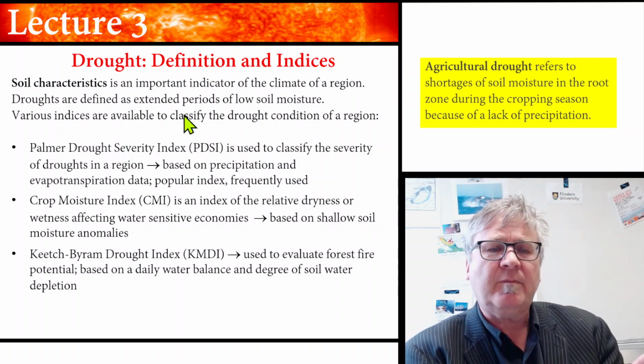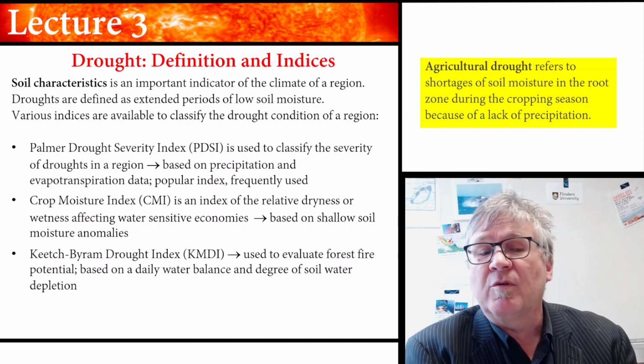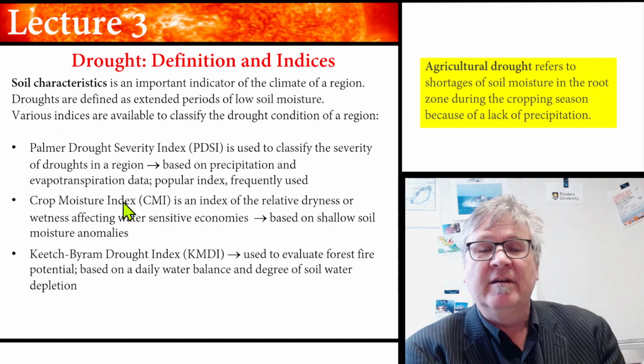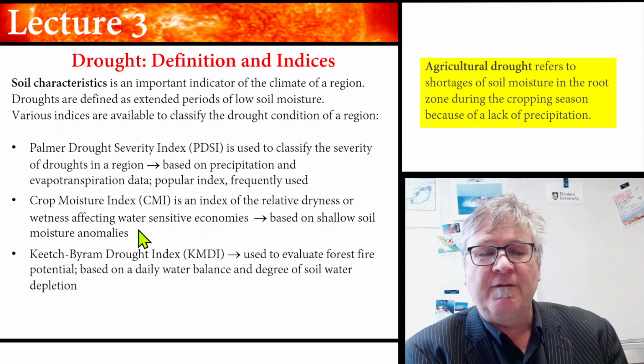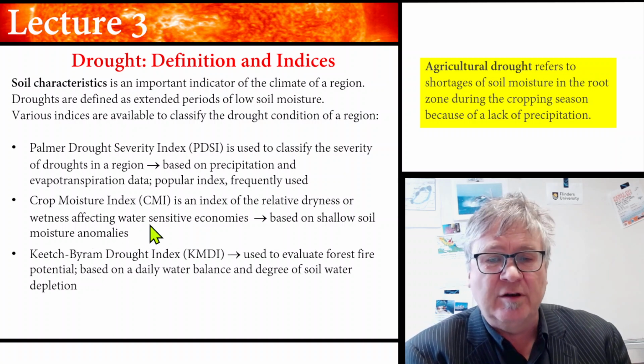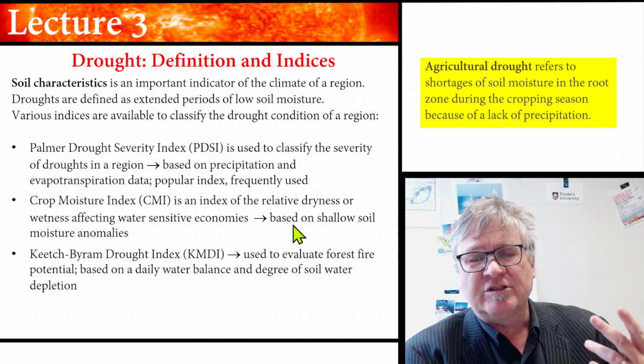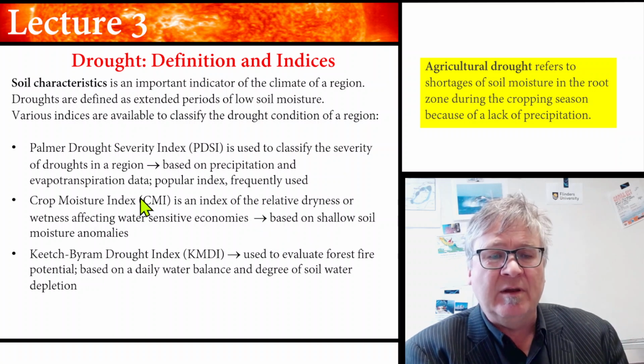In addition, there's something called the Crop Moisture Index. It's an index of the relative dryness or wetness affecting water-sensitive economies, and it's based on shallow soil moisture anomalies.